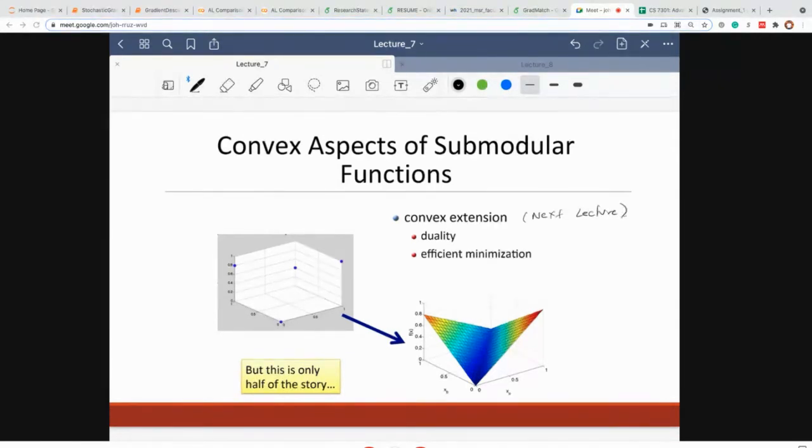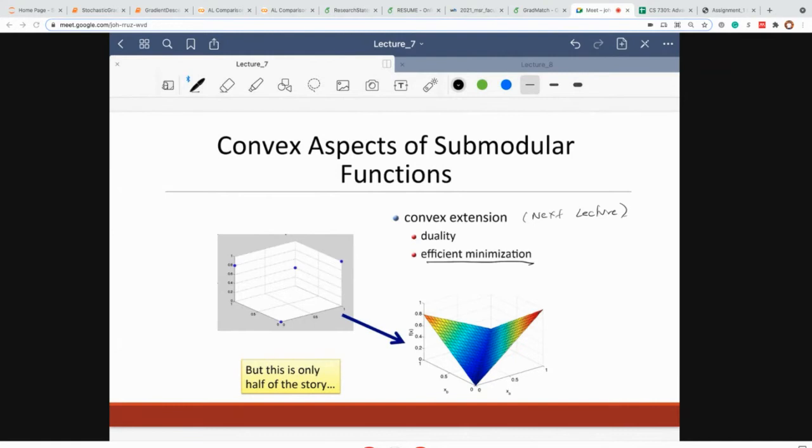It turns out that you can also write down certain duality-like properties of submodular functions. You can compute a dual of a submodular function, which is akin to a Fenchel dual, the way you have for a convex function. And it turns out that submodular functions can be efficiently minimized. So you have efficient minimization algorithms for submodular functions. We'll talk about some of the algorithms in the next lecture when we talk about optimization, also partly towards the end of today's lecture.